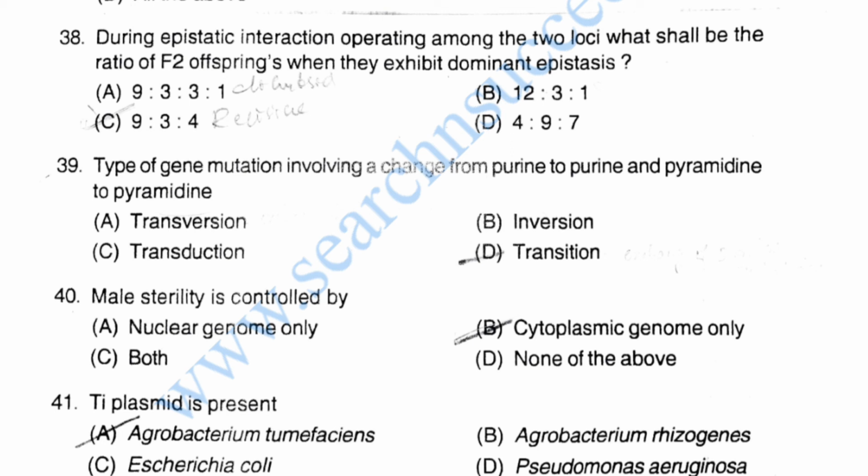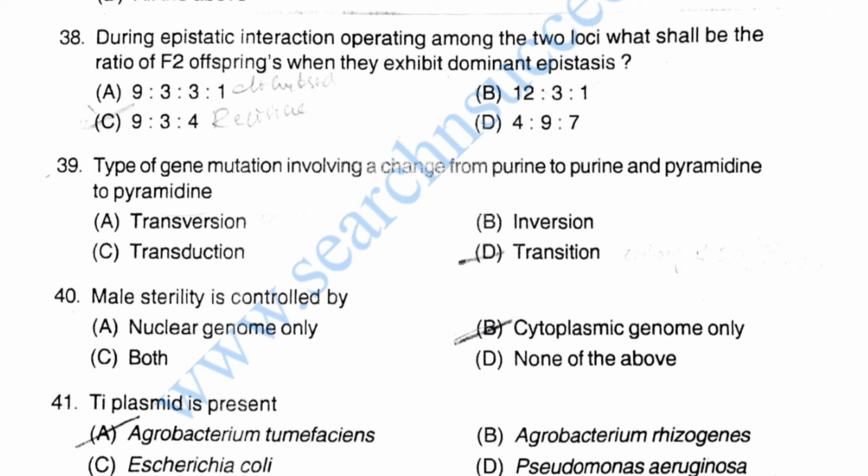Here you'll have to answer the dominant epistasis in F2 generation, and dominant epistasis is 12:3:1. Keep in mind, dominant epistasis 12:3:1 and duplicate dominant epistasis is 15:1.